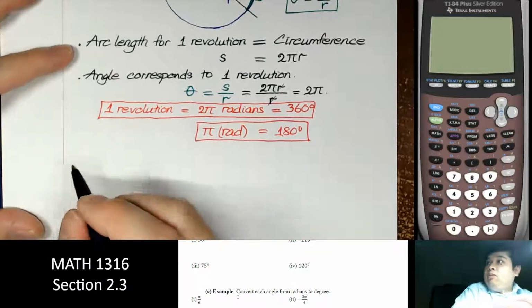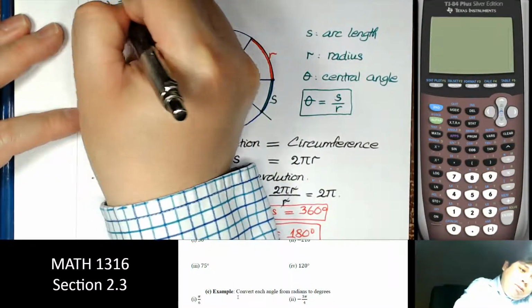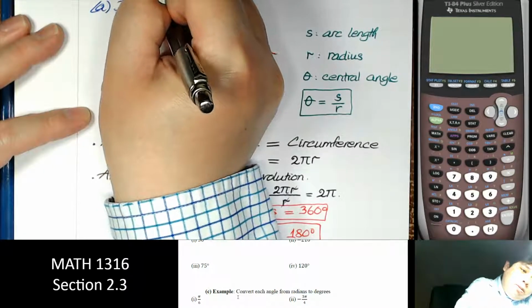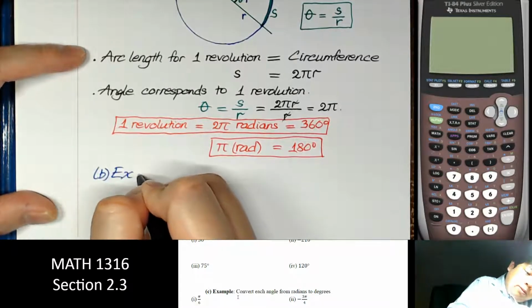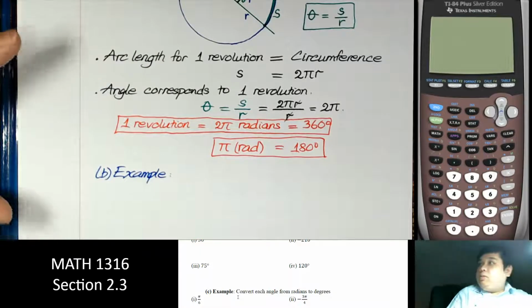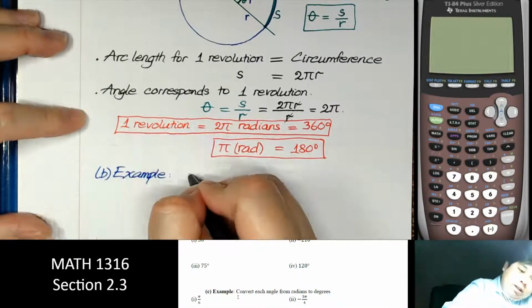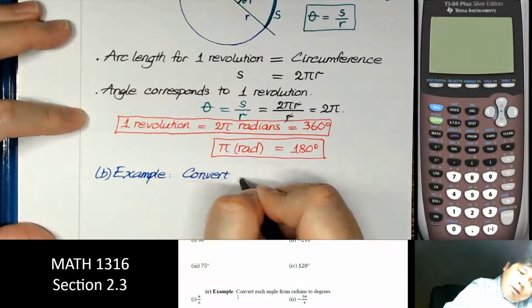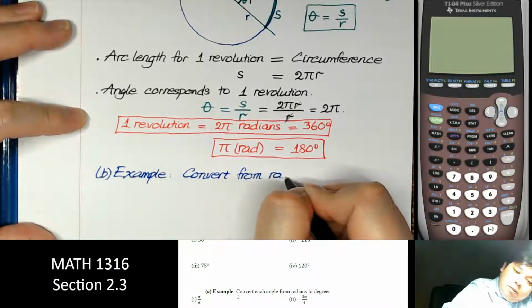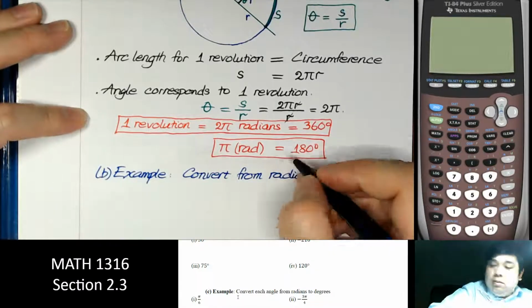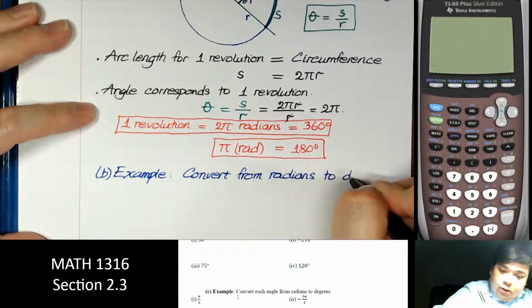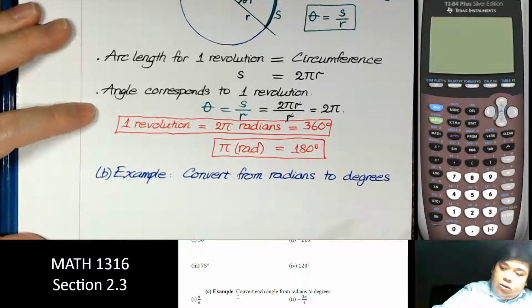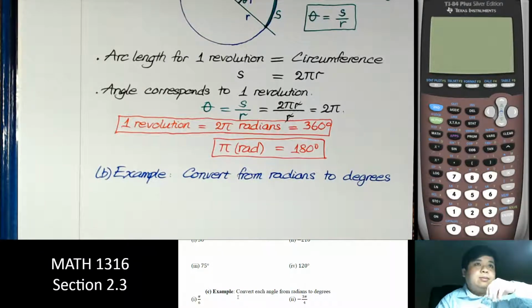Some examples. That's the definition, and now here's some examples. Convert from degrees to radian.